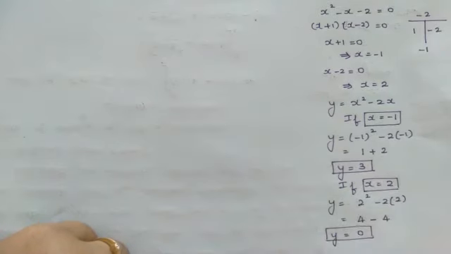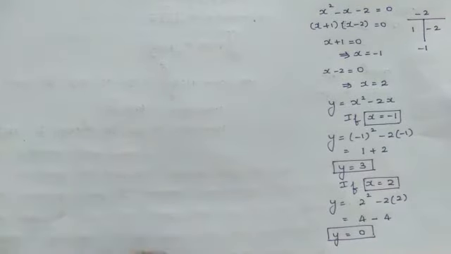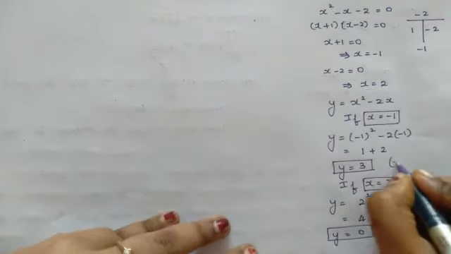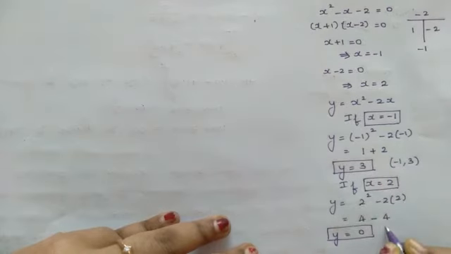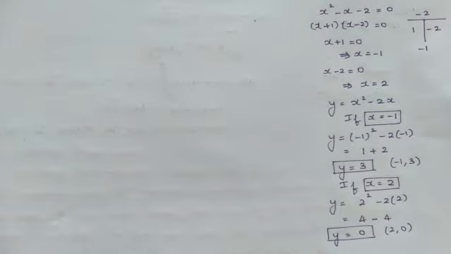So the solution for these two equations, that is, these two curves meet at the coordinates minus 1 comma 3 and 2 comma 0. This one we have identified.